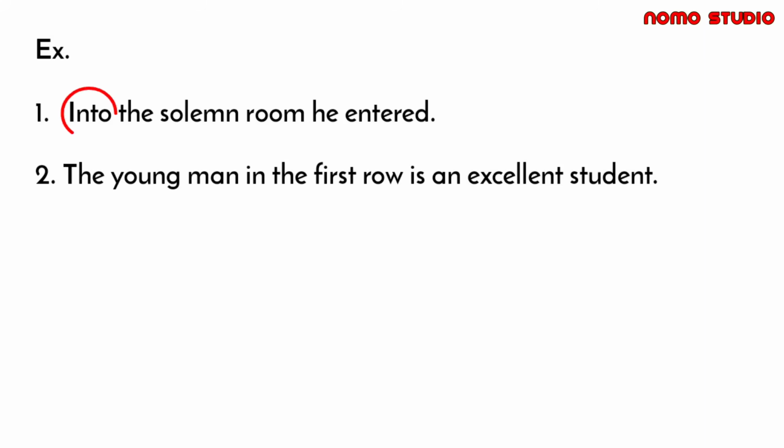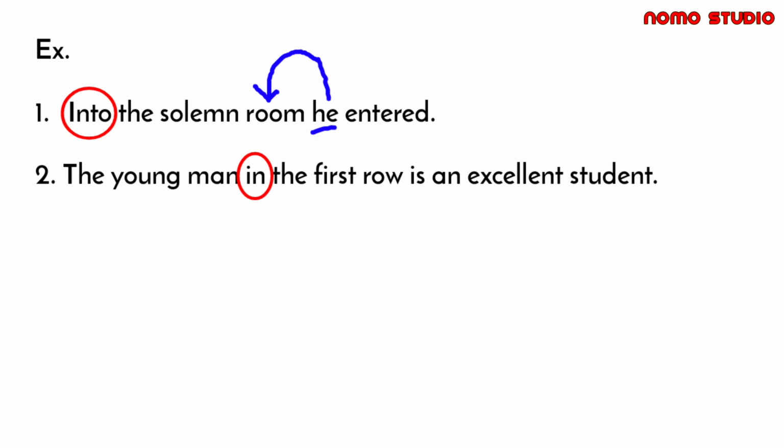So dito po yung word na into at saka yung in are prepositions. In our first example, ang preposition na into, it indicates the direction or movement toward the solemn room. So it shows that the subject he is moving or entering the room.